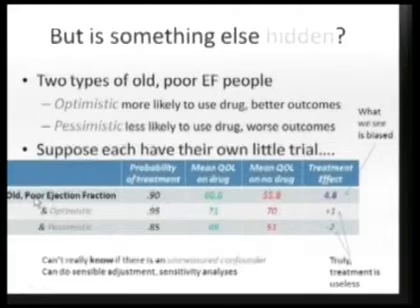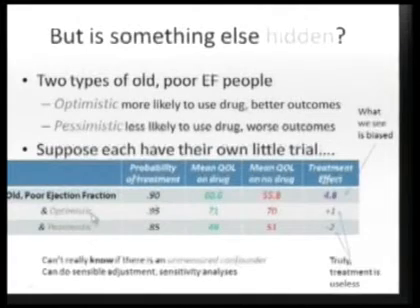And so if we don't know this, or we cannot measure it, we can't control for it in the analysis. And so what we'll get, thinking we've done all we can, is to look at this grouping of old and poor ejection fraction, and we'll see that there's a treatment effect going on here. There's a benefit of treatment.